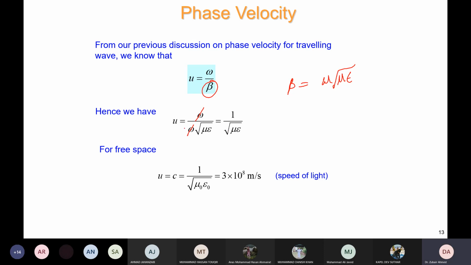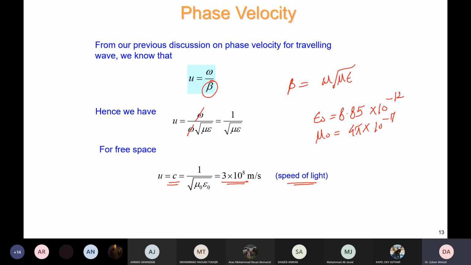Now, if you calculate the velocity of the wave for free space, for epsilon naught use 8.85 times 10 to the power minus 12 farad per meter, and for mu naught use 4 pi times 10 to the power minus 7 Henry per meter. If you substitute this, multiply, take the square root, and then the reciprocal, then u comes out to be 3 times 10 to the power 8, which is actually c, the speed of light.